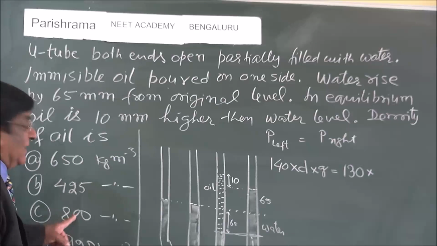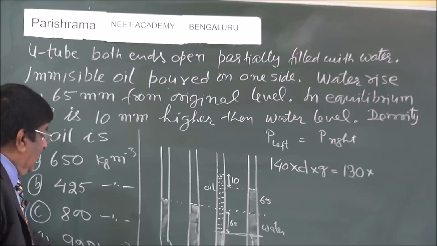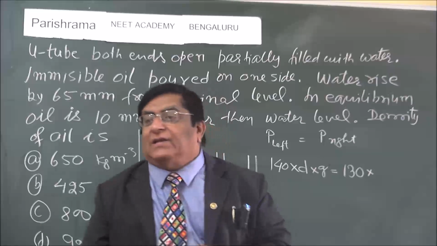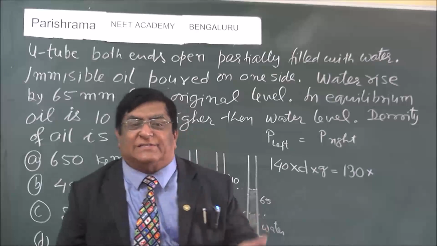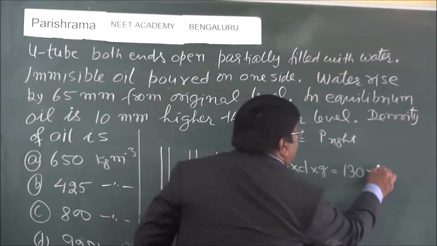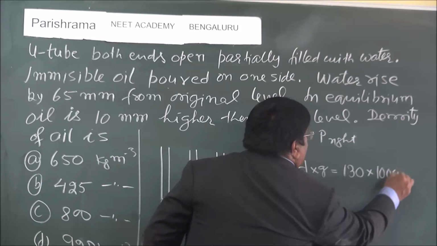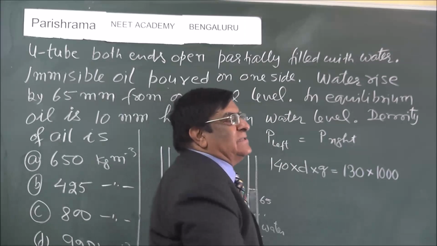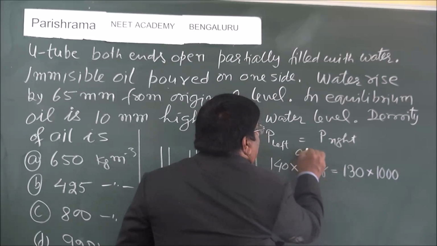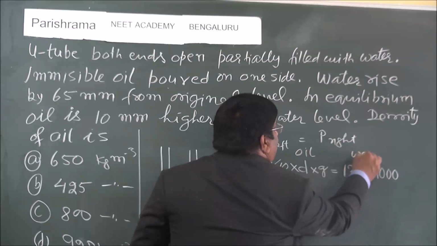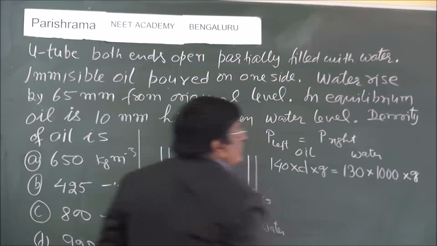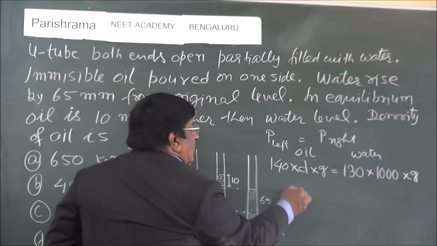The answer is given in kg per meter cube. Therefore, we must know the density of water in kg per meter cube. How much is that? Yes, we all know. It is 1000. 1000 kg per meter cube is the density of water. So that we write here water. This is for oil, this is for water, into g. Okay, so what is D equal to? Find out.